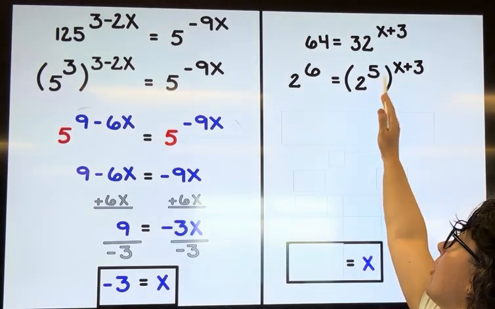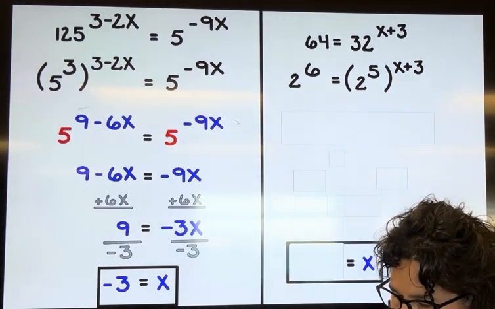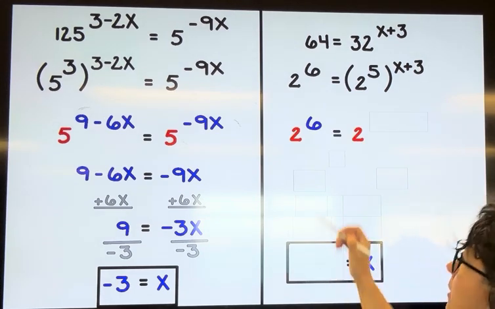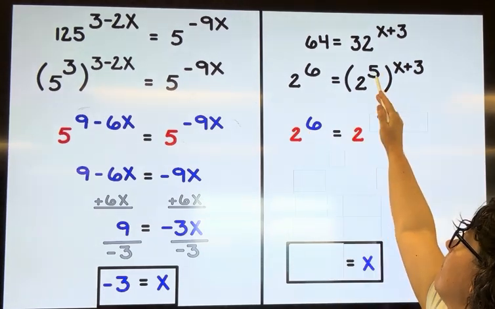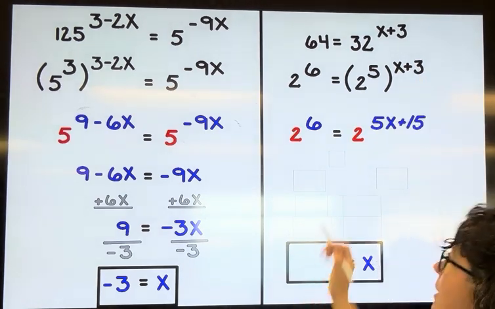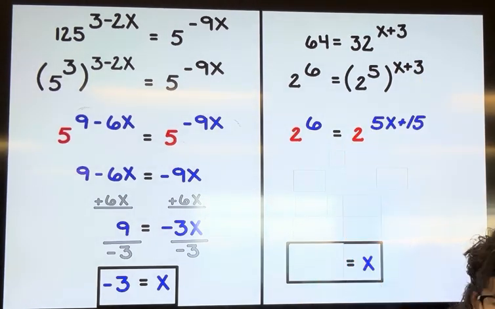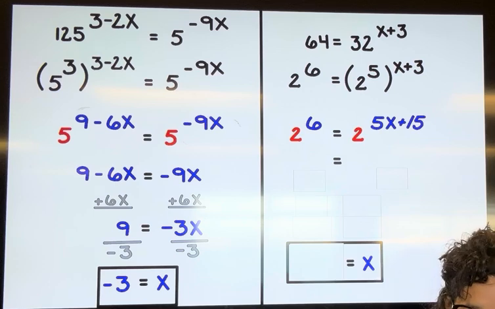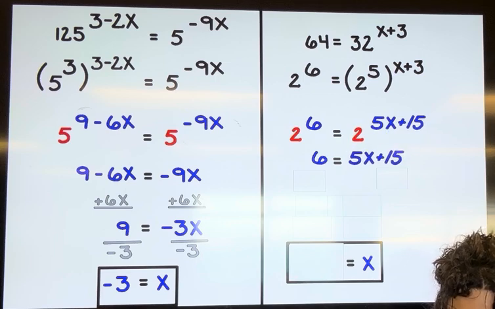Then from there, power to a power, multiply. So 2 to the 6, still that. 5 times x is 5x. 5 times 3 is 15. Now that we've forced the base numbers to be the same, we can set our exponents equal to each other using this one-to-one property.